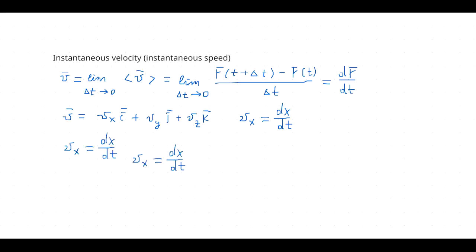Maybe it is better to write this here, so it will be faster to write this in this way. vy is dy by dt, and vz is dz by dt.